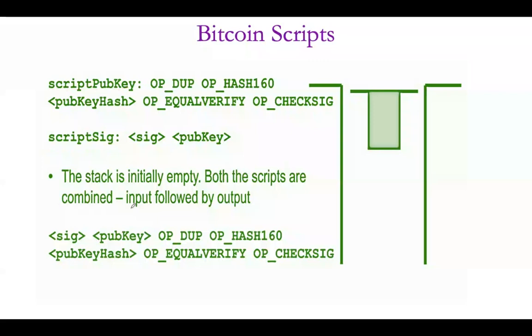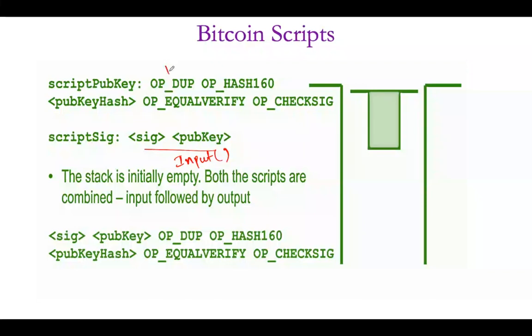So what is there in the inputs? It is going to spend money, so the script signature is the signature followed by your public key. In the script sign, you will have the signature as well as the public key, followed by your script public key. In the script public key, the signature is your input, which means you are spending, and it is followed by your output.